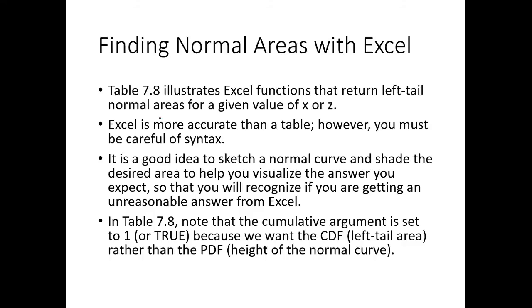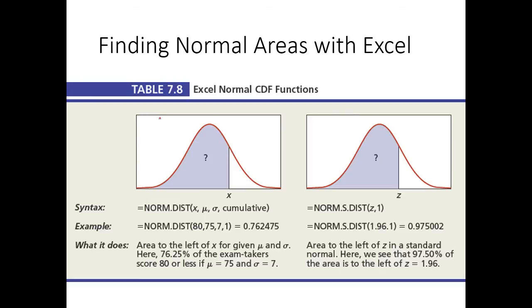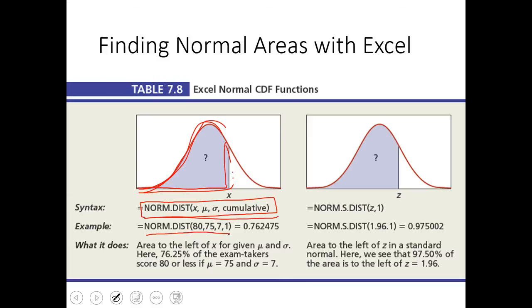Okay. So using Excel, this area can be calculated by this syntax. For example, the mean is 75 and the variance is 7, and x is 80.